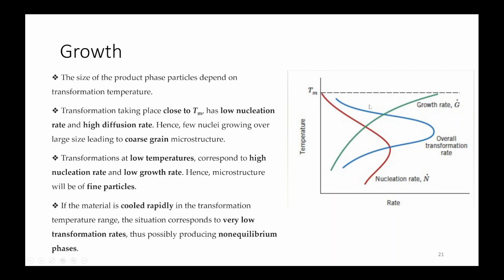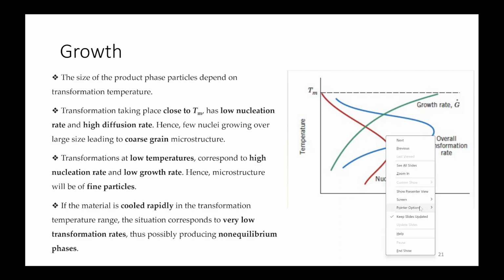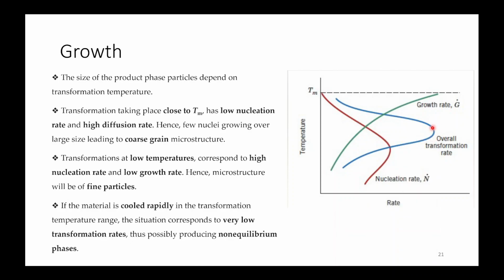So if you are in this region at this undercooling, you will be getting moderate transformation, and here you will be getting highest transformation at this particular undercooling, and below this temperature you will again be restricted because of your growth rate, and in the above region you will be restricted because of nucleation rate.